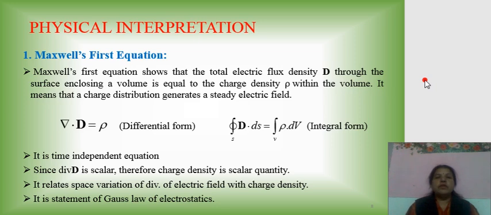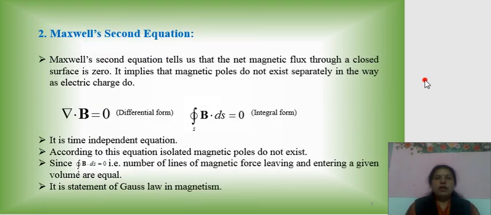Now Maxwell's second equation. Maxwell's second equation tells us that the net magnetic flux through a closed surface is zero. This integration means net magnetic flux through the closed surface is equal to 0.